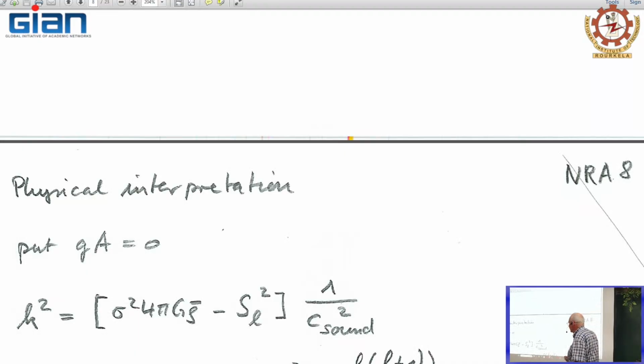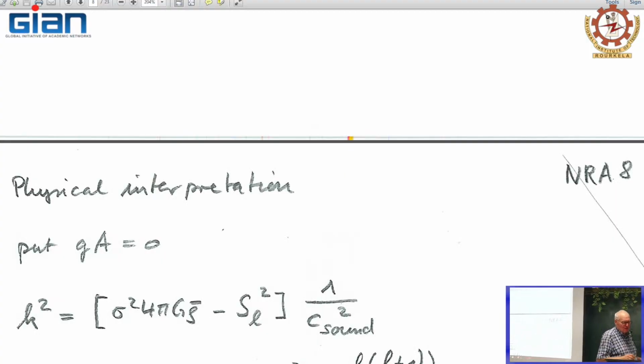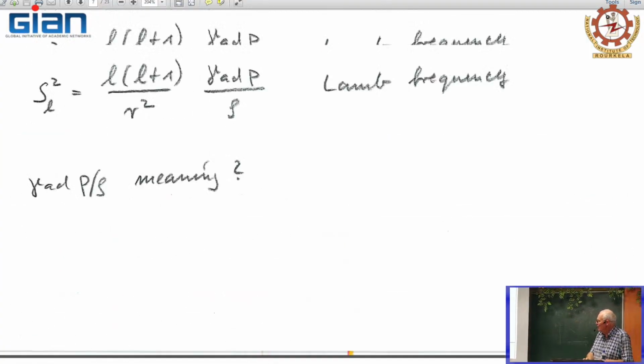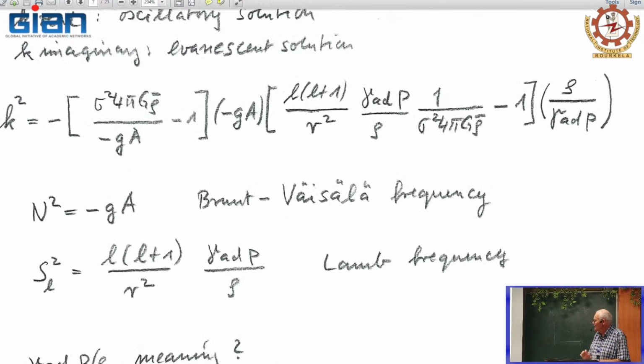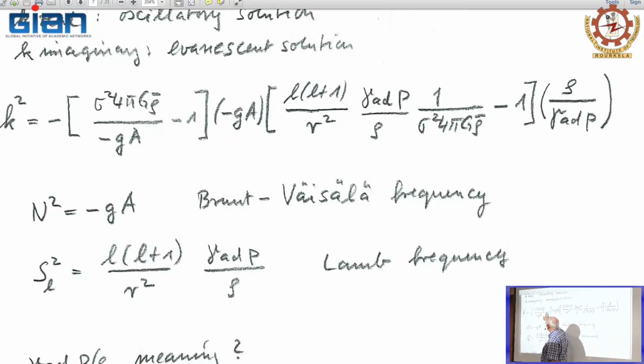So what we are doing is we neglect the entropy gradient here. So if we put artificially GA equal to 0, what happens to our dispersion relation? Well, we have to multiply this in there, and then we are left with sigma squared times P over rho, and essentially only one term is left here.